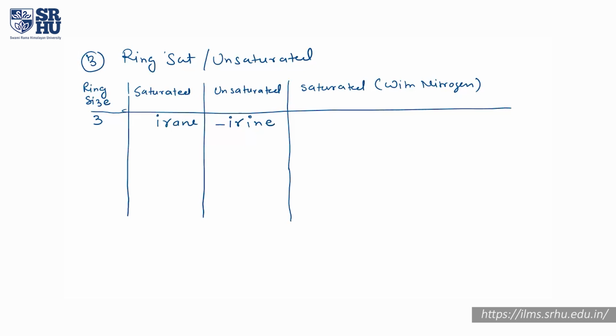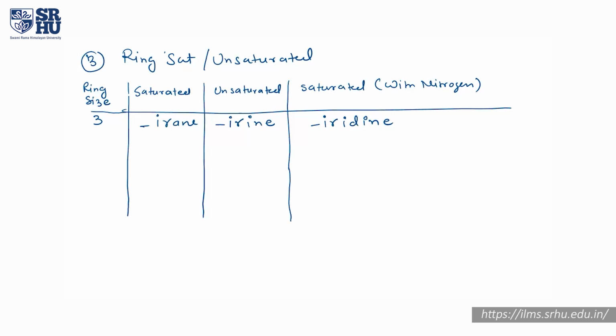But if it is saturated but with nitrogen, you have to use IR and IDINE, iridine. So now you understand that IR indicates the ring size, that is of 3 atoms. If it is saturated we will use the word ane, if it is unsaturated we will use the word ene, and if it is saturated but with nitrogen you have to use the word iridine.